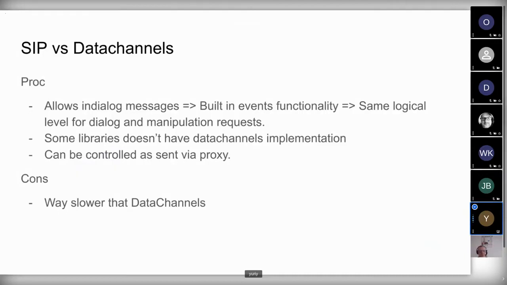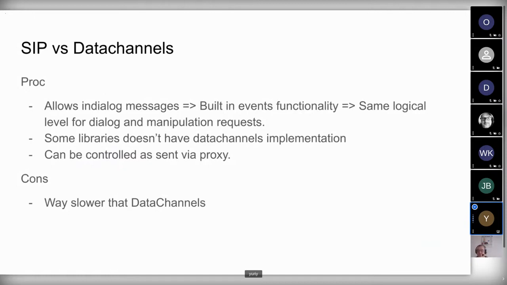It allows in-dialog messages and built-in events functionality, and this means the same logical level for the dialog and manipulation requests. So we don't need a separate channel for manipulating requests. We establish the dialog and we reuse this existing stream to manipulate our robot.